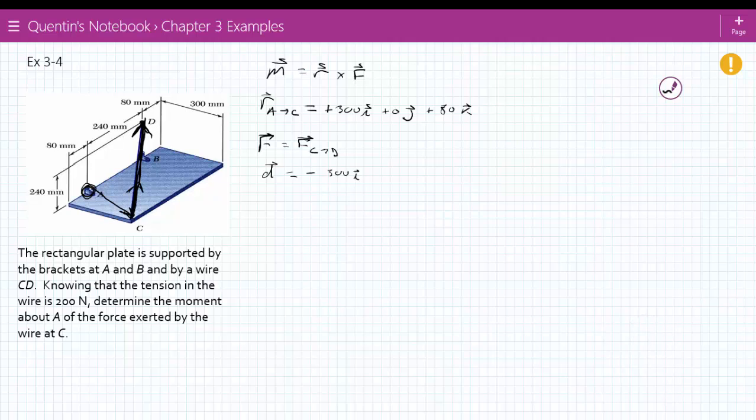We're going plus 240 in the j direction, and minus 240 plus 80, so minus 320 in the k direction.